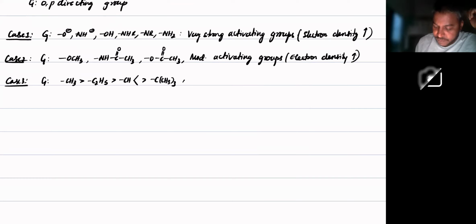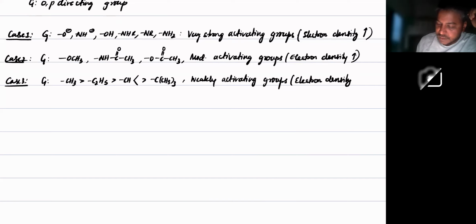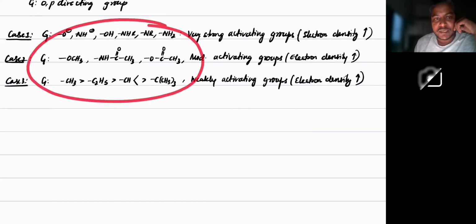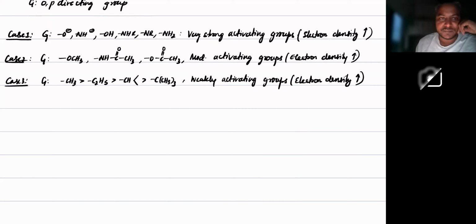So this would be weakly activating groups. Clear? Here also electron density increases. Correct? So that means all of these groups will have more electron density than only benzene. Clear?